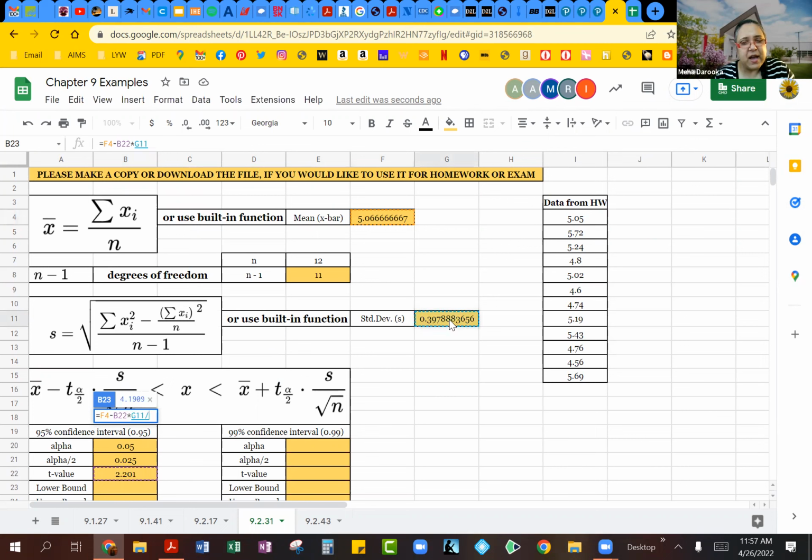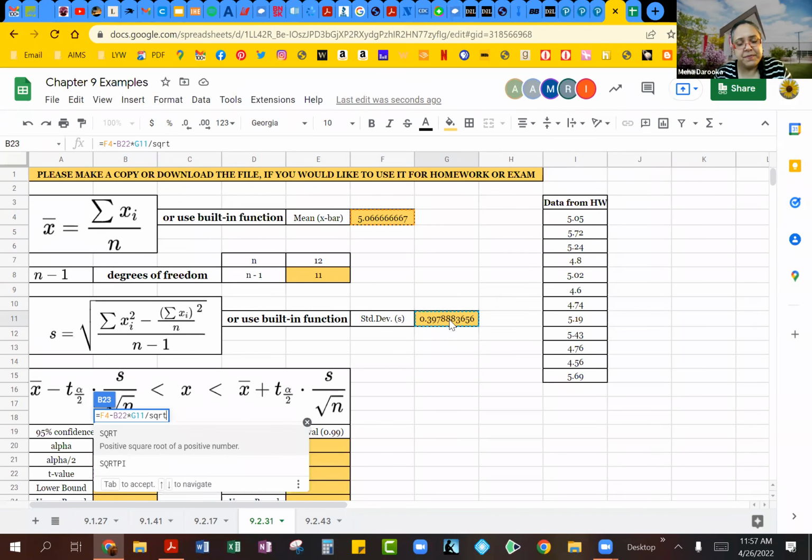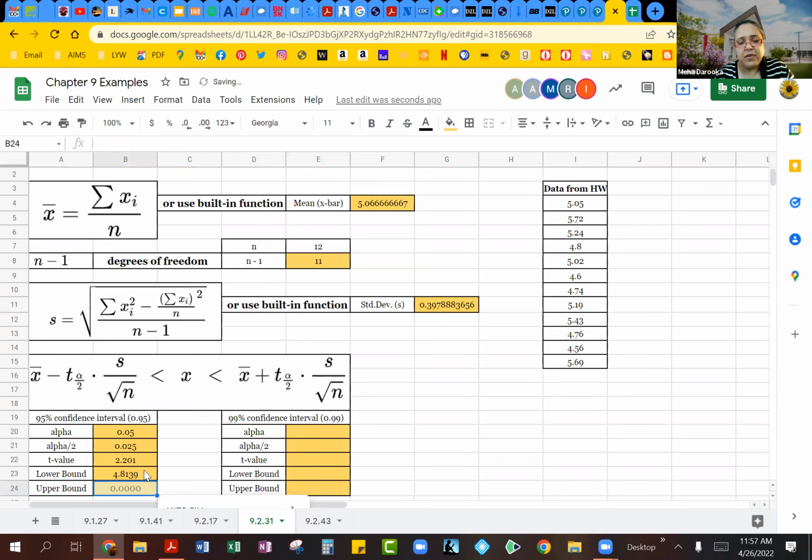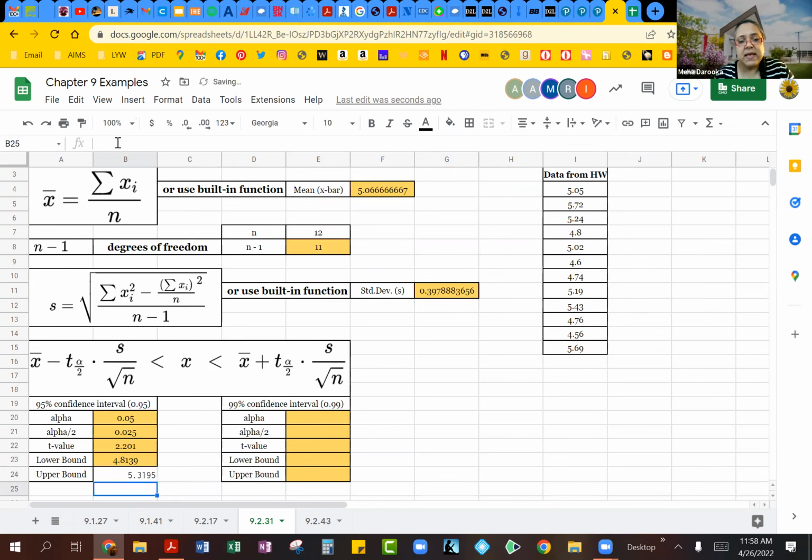And then we're dividing it by the square root of our N value, which is 12 right over here. So X bar minus t alpha sub 2 multiplied by S divided by square root of N. Then for your upper bound, just like I did before, I'm going to copy this formula, paste it, and change that minus sign at the front to a plus sign, and that will give us our upper bound.